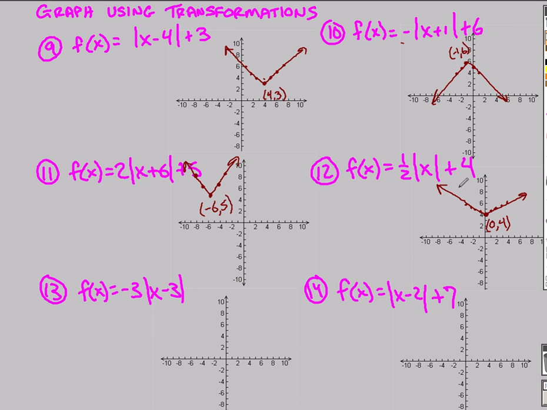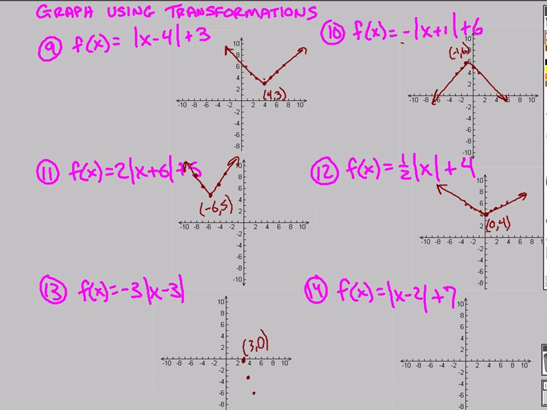All right, number 13. I'm not going up or down any, just left or right. I should be shifting to the right 3 units. So there's my 3, 0 starting point. And now this negative 3, first of all, it's going to be a downwards V. And when I go over 1, normally it was up 1. The negative tells me I'm going down, and the 3 tells me I'm going 3 times as far down. So I should be down at 3 here. Over 2, down now 6.